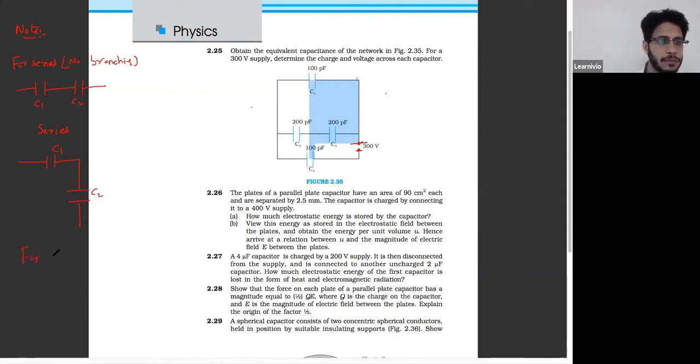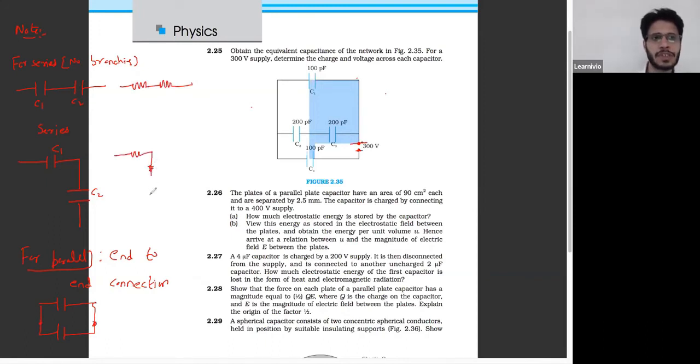For parallel, we look for end-to-end connection. Means if you have two capacitors, they should be connected end-to-end. The same rules are for resistors. If you have resistors like this, they are in series.